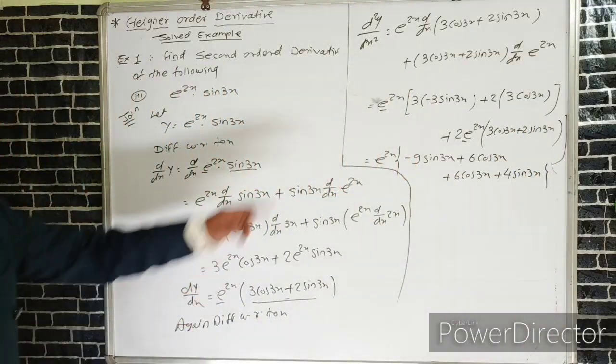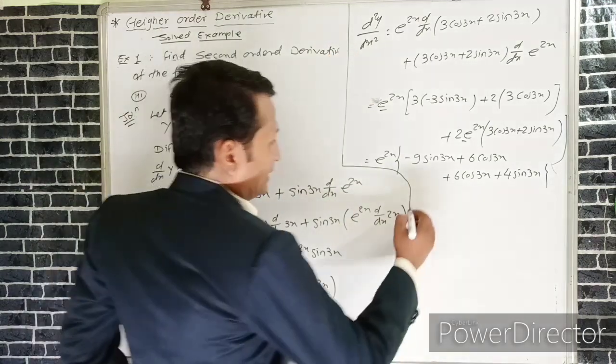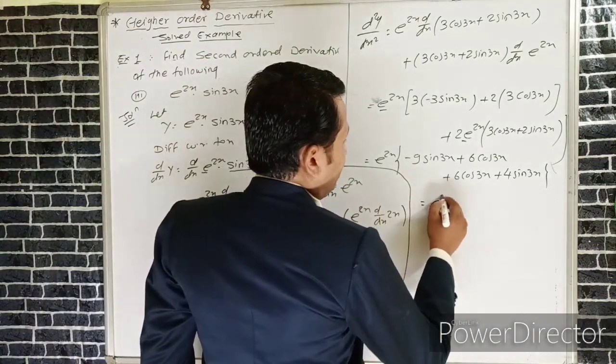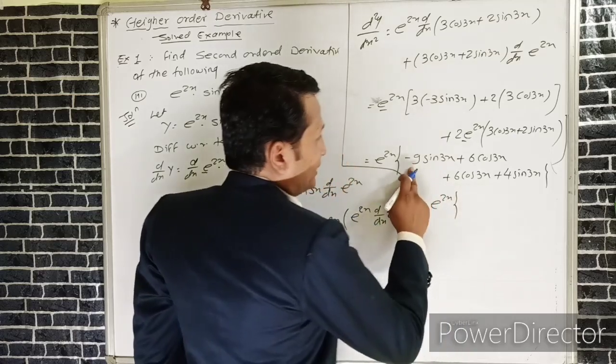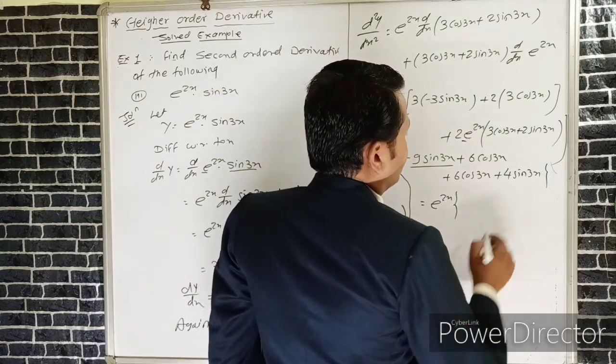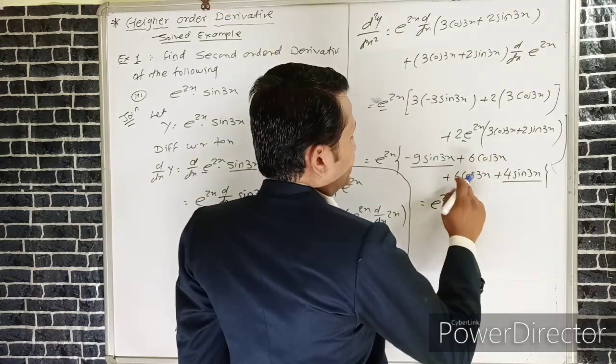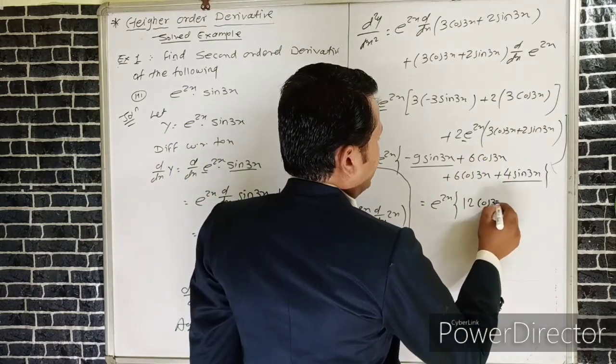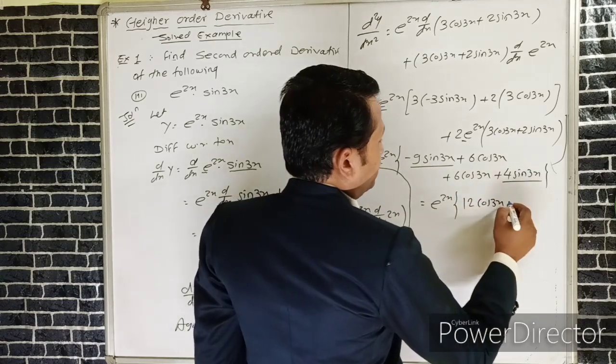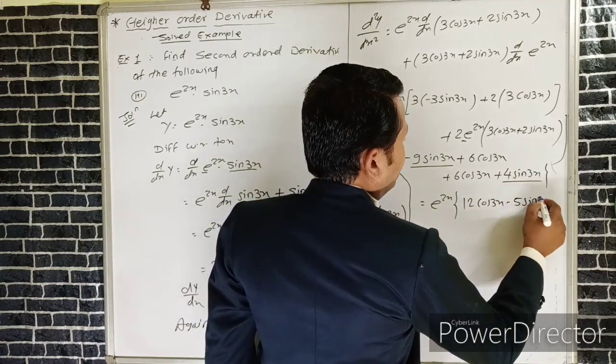The term which is d2y by dx square, also we can write it e to the power 2x into minus 9 sin 3x plus 4 sin 3x, 6 cos 3x plus 6 cos 3x, 12 cos 3x, minus 9 plus 4, minus 5 sin 3x.